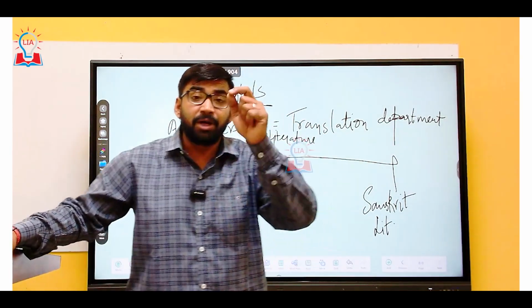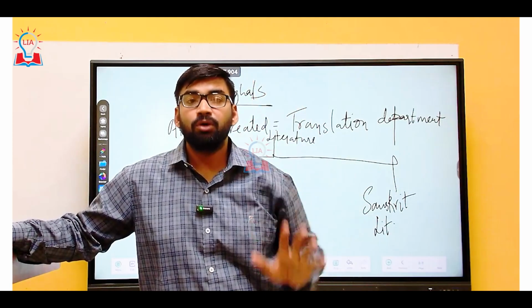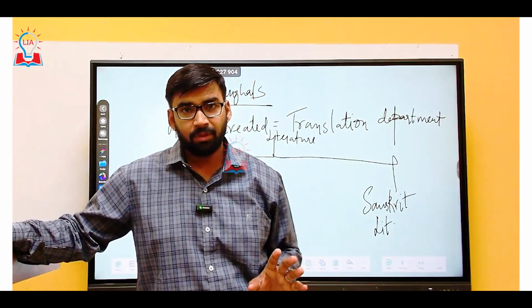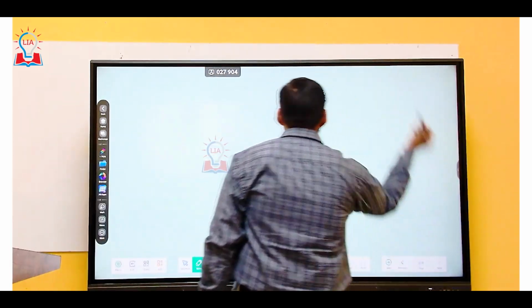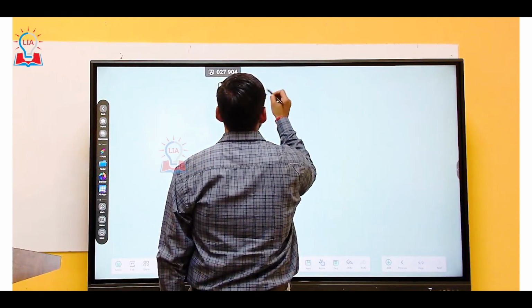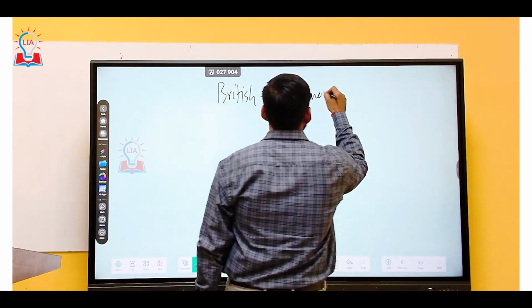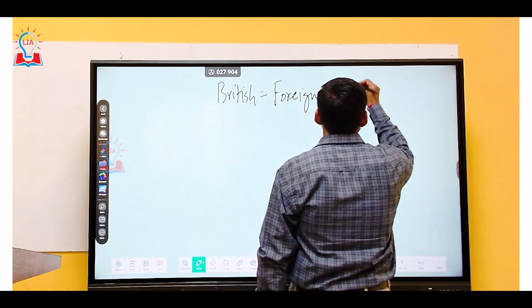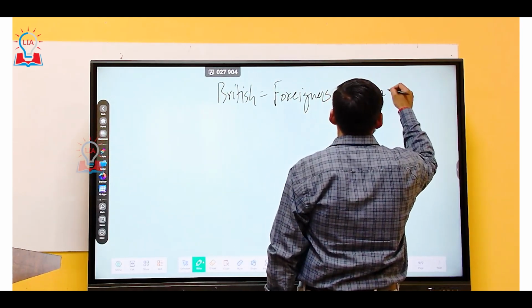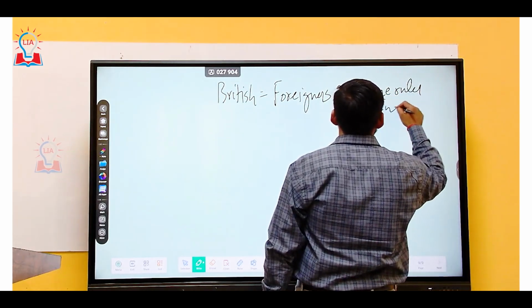Similarly, British also were foreigners, and they became rulers in India.